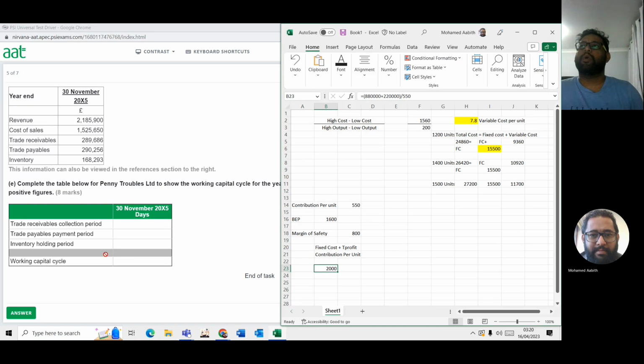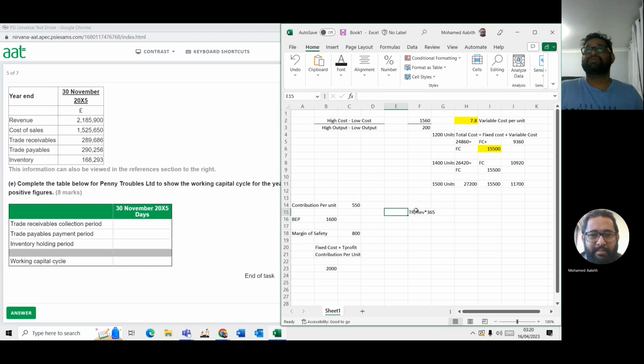So I'm going to bring my good old spreadsheet into action again. Let's look at how I'm going to find that. Here, the receivable collection days are calculated as trade receivables divided by revenue, multiplied by 365.